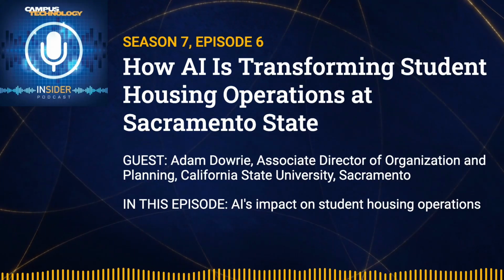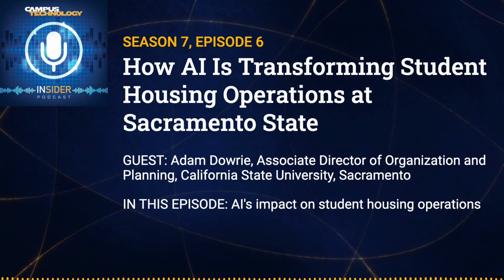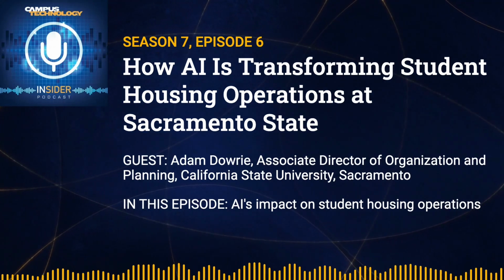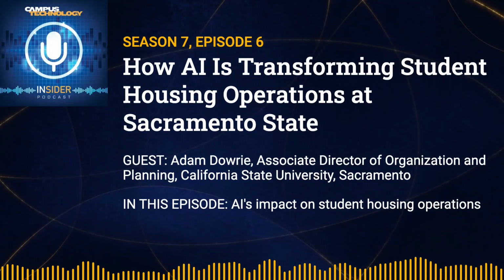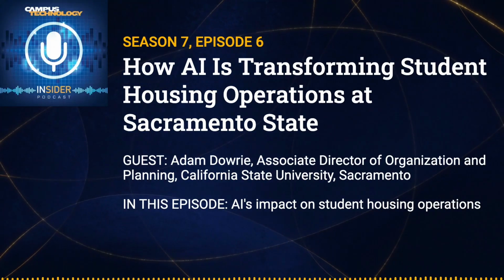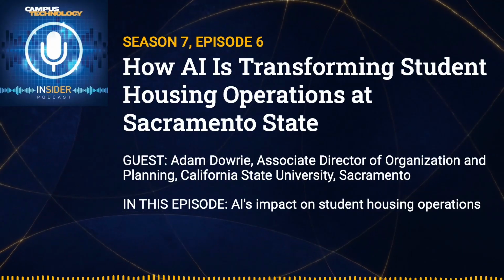So to start off, just tell us about your background and your role at CSUS. Yeah, so I've been at Sacramento State for almost 7 years now in June, and my background is in higher education, including my master's program.